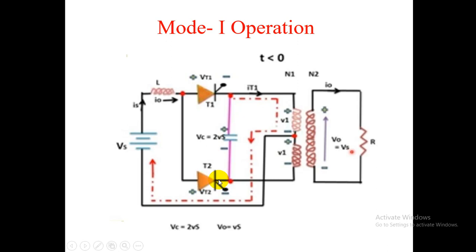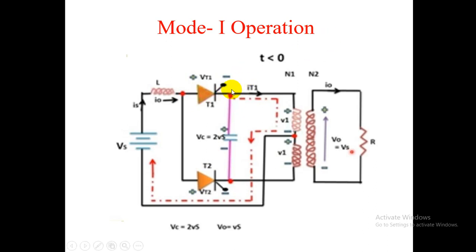off condition. Then this is the supply available, and it passes through like this. This is the node point. As T2 is in off condition, no current flows through that path.